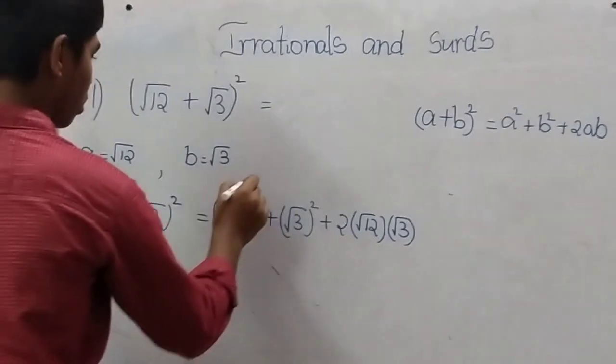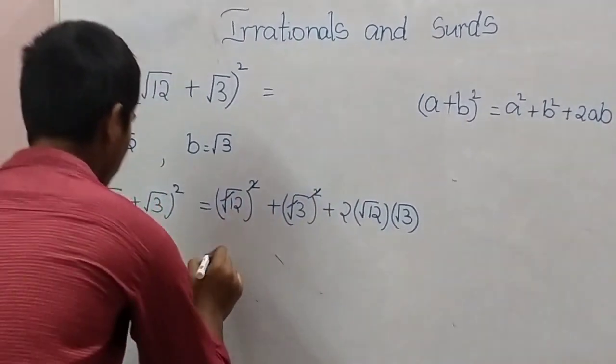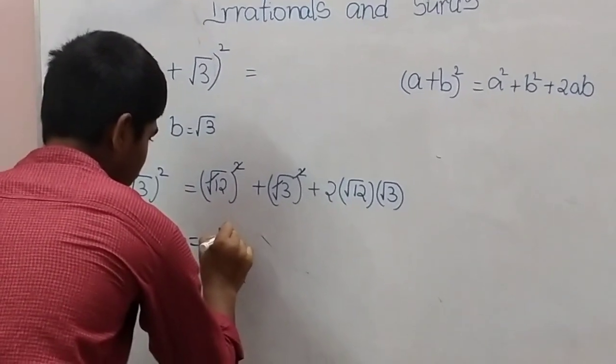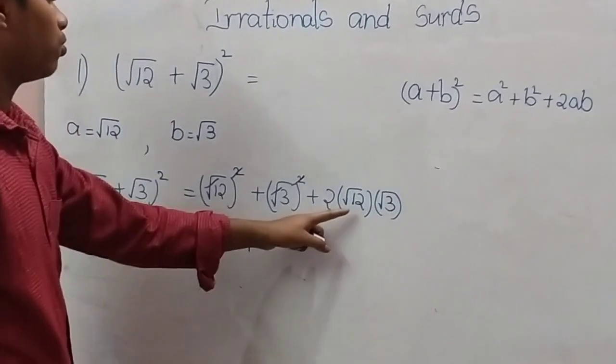Now square and root will cancel, square and root will cancel. 12 plus 3 is 15, plus 2 into root 12 into root 3.